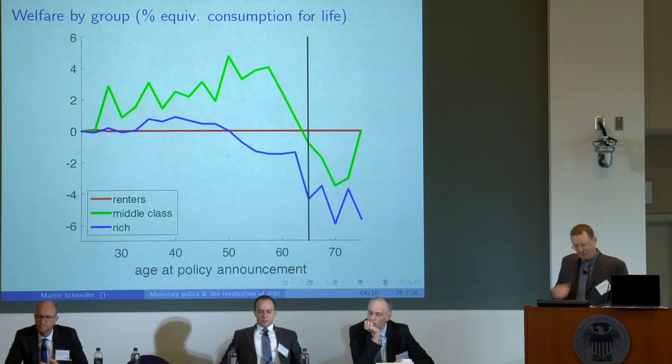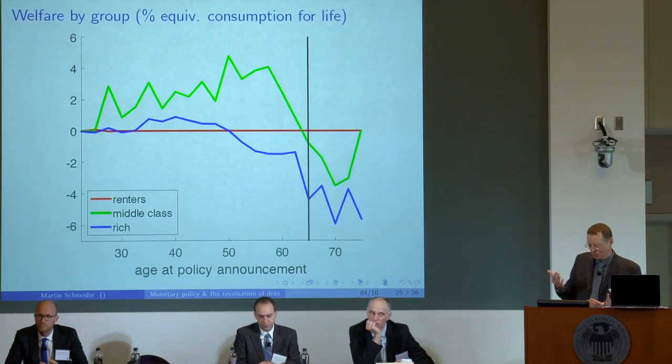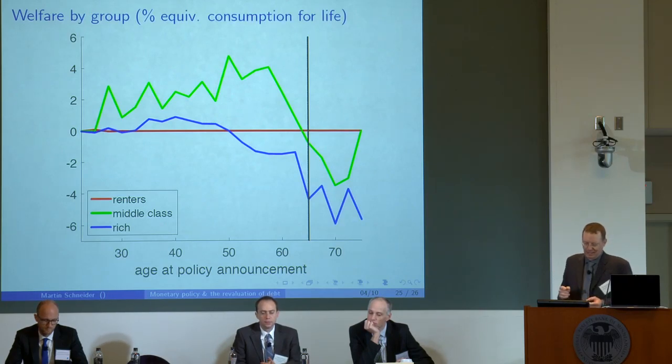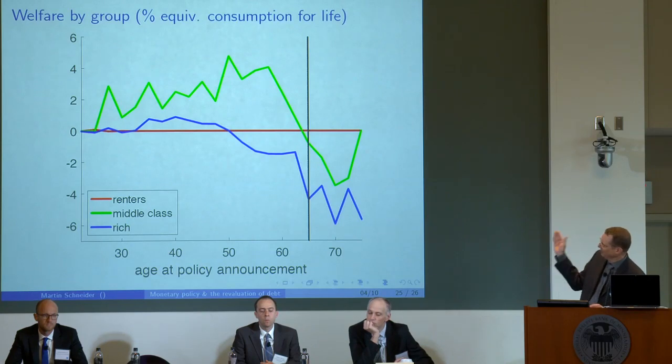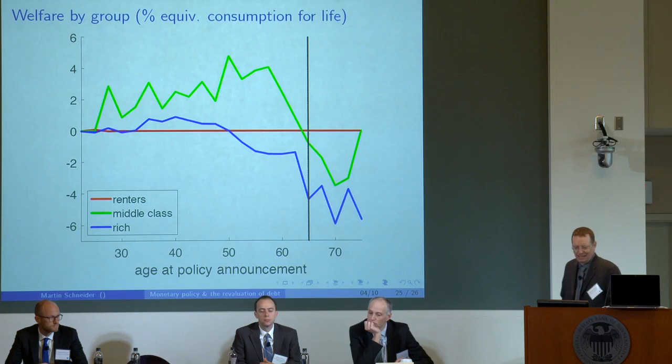And then, given that we have the model and we have what happens after the shock, we can calculate welfare by group of people in terms of percentage equivalent consumption for life. Okay, so a typical welfare measure. And this is the outcome, and it's again organized by, on the horizontal axis, the age at the policy announcement, and then this percentage consumption equivalent.